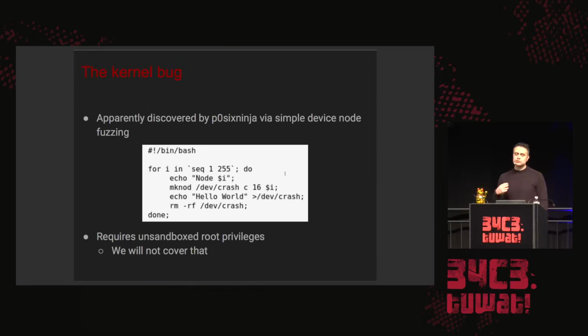Now, in order to get to the point of creating device nodes, you basically need to be outside of the application sandbox that exists on iOS, and you also need root privileges. That's what I refer to as the userland part of the Evasion 7 binary, and I'm not going to cover that at all. So I'm going to start my analysis from the point where we have escaped the sandbox, we have obtained root, and now we go to exploit the kernel bug.